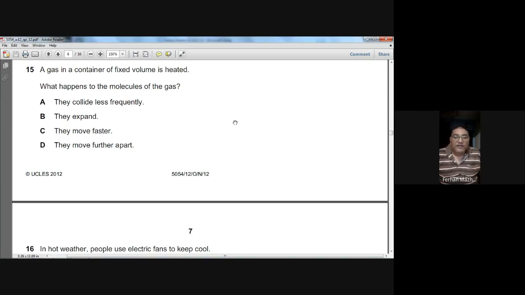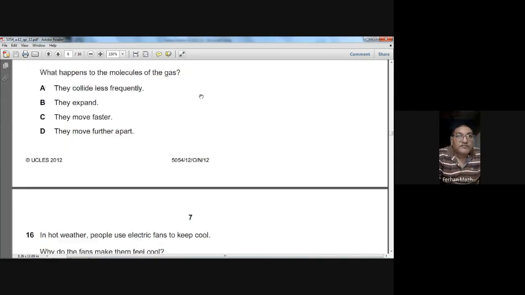So the average kinetic energy of the gas will increase. It means that the gas molecules will be moving faster. So the choice is C, they move faster. Question number 15, C is the option.